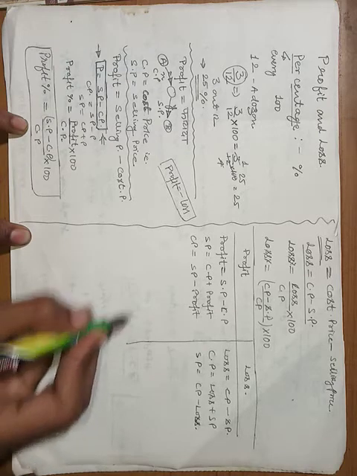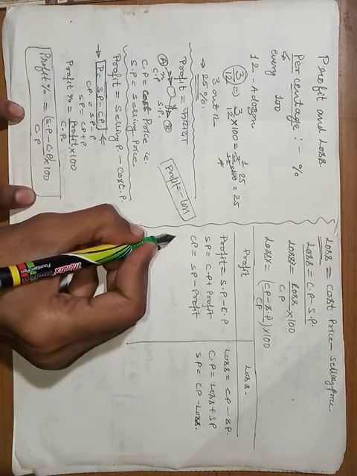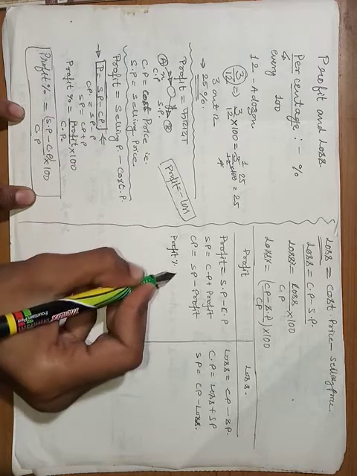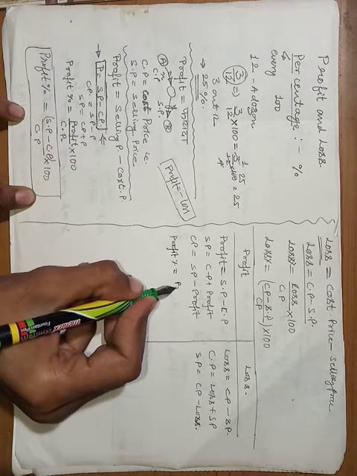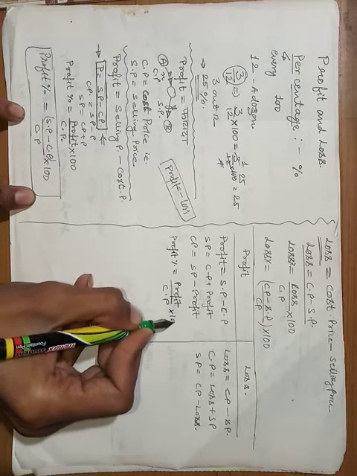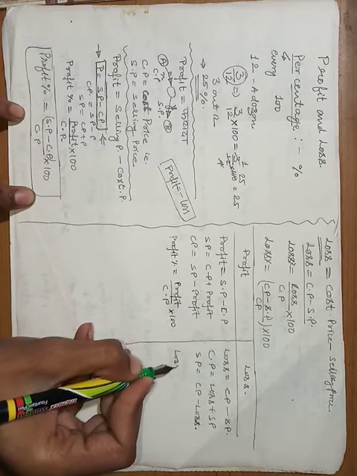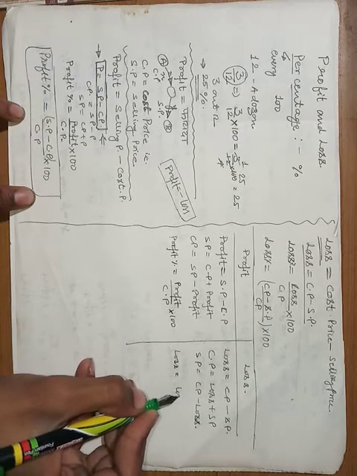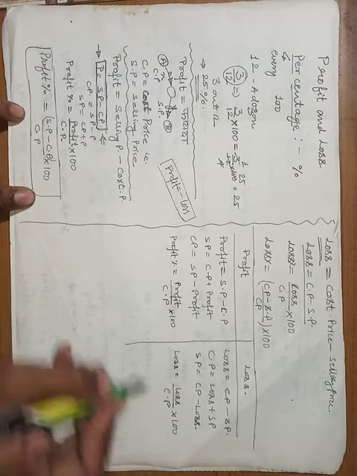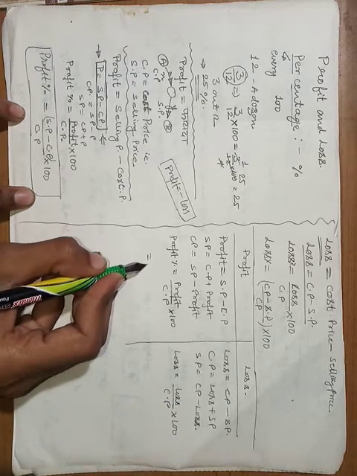Now moving forward, what is profit percentage? Profit percentage is obviously profit upon CP into 100. So loss percentage would be equal to loss upon CP into 100. How to calculate it?